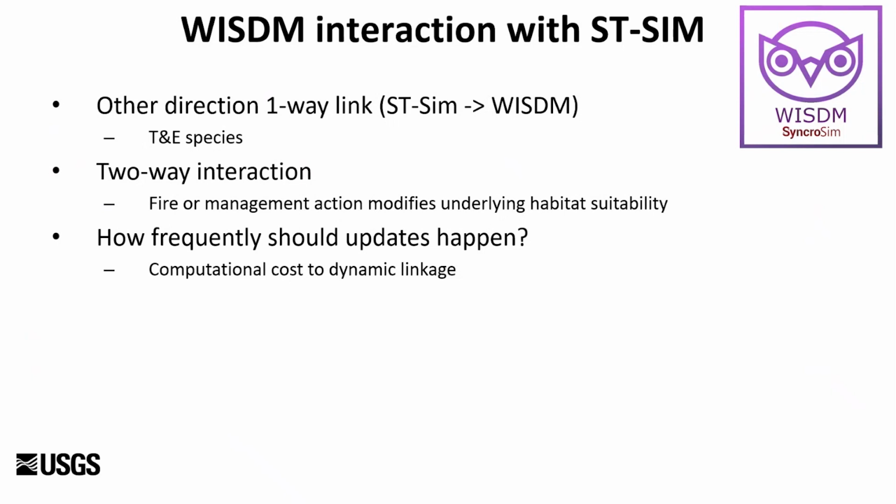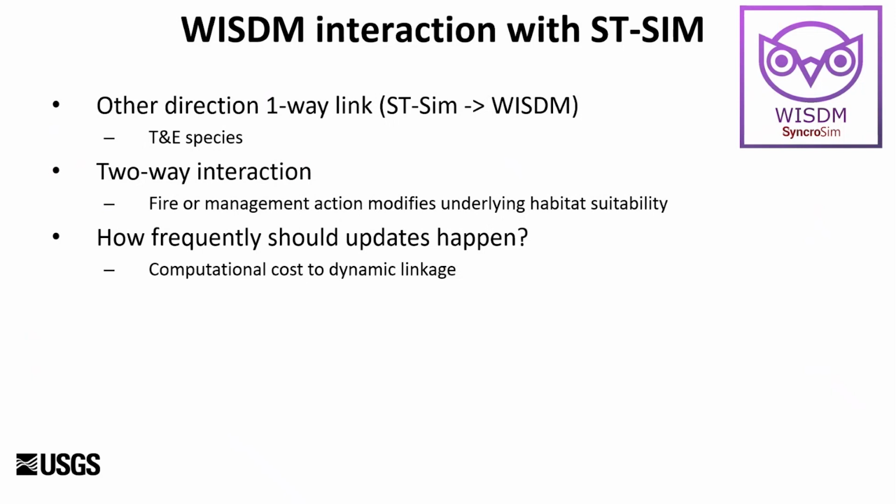We've also talked about two-way interactions where you could have feedbacks between fire or management actions that modify underlying habitat suitability, and then you could also have climate change in there affecting the habitat suitability that might feed back into STSIM. And one thing to think about that we haven't investigated too much is how frequently these updates should happen.